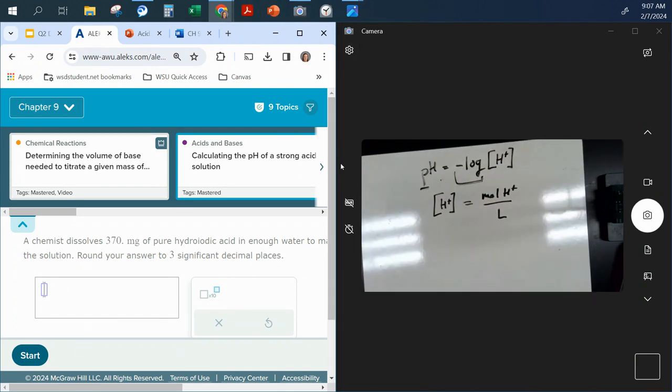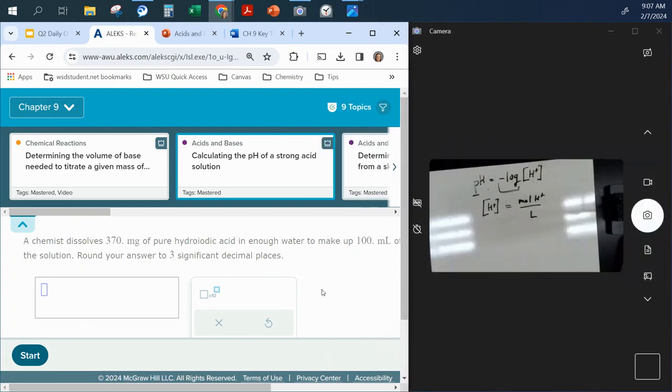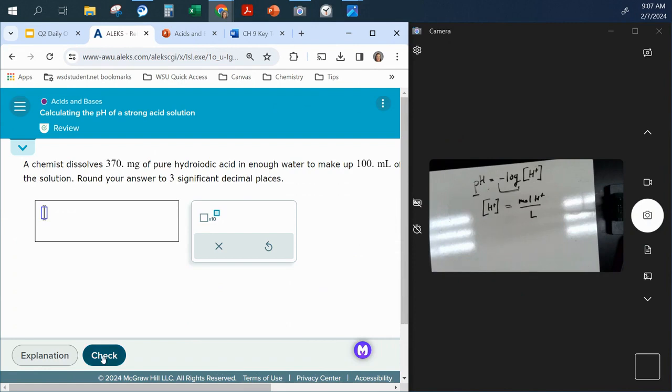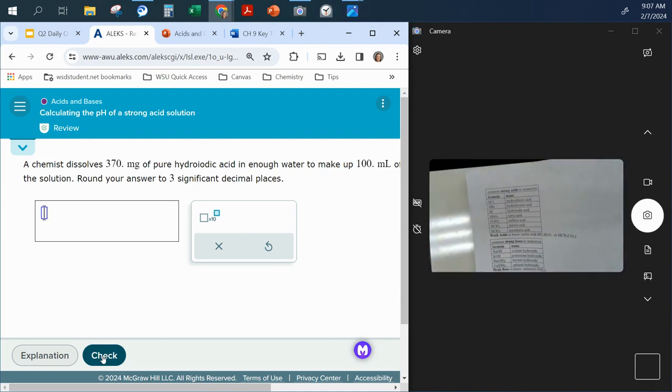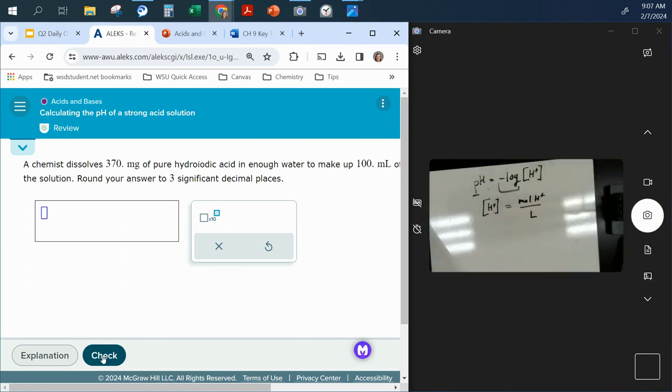Also, for this problem, you have to know the acids. You have your common acids paper now. But on the test, you are going to get this paper. You can write these on your note card if you want, but you're going to have to memorize these or have them on your note card, because this question is going to say, oh, pure hydroiodic acid.